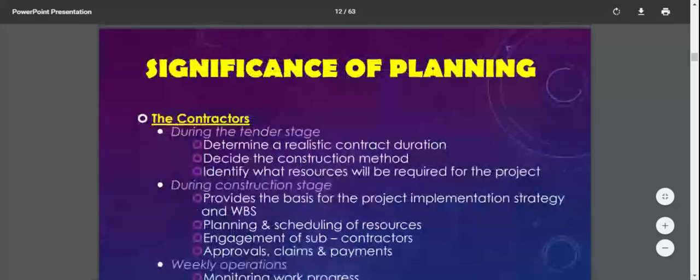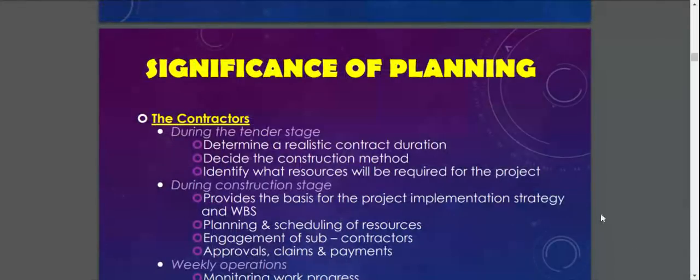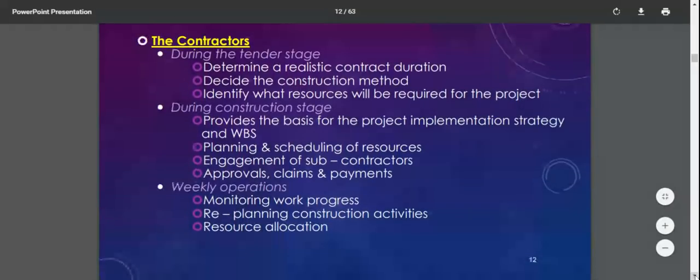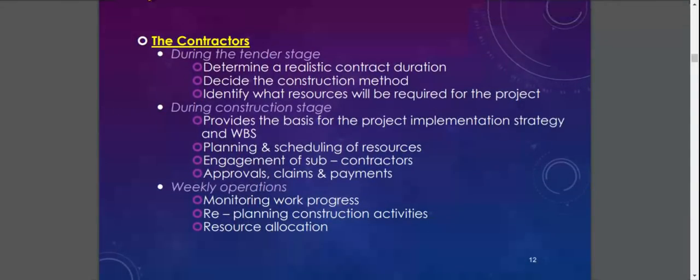The contractor comes into the project when the project is just about to start. The contractor is responsible during the tender stage, during the construction stage, and in weekly operation. When the project starts, all the responsibility within the site boundary is under the contractor.